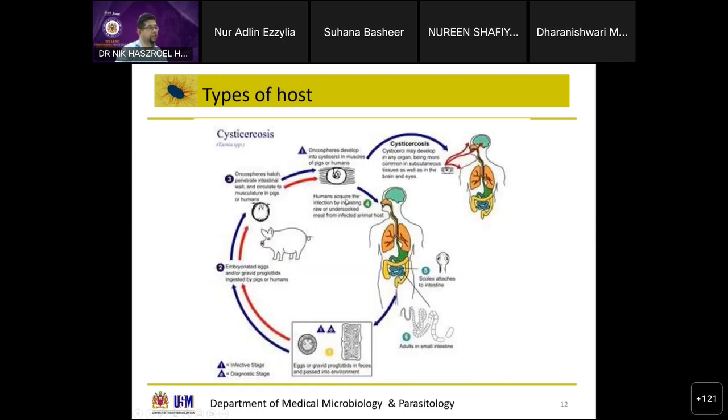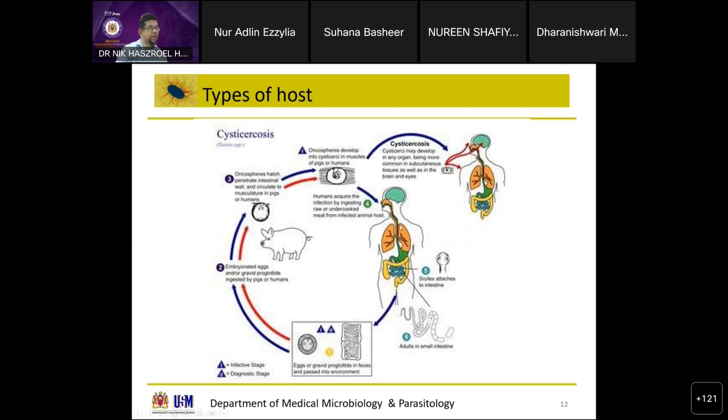So this is the life cycle for the tapeworm. The human ingests the meat from the pig, the pork. The parasite develops into the mature stage in the human.